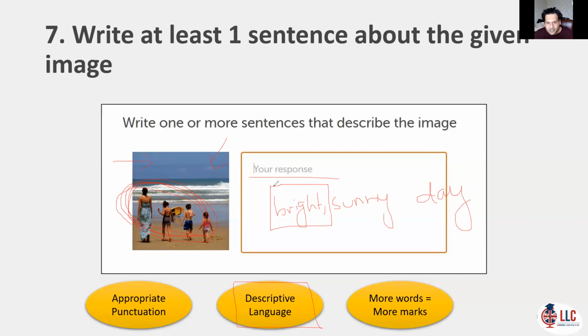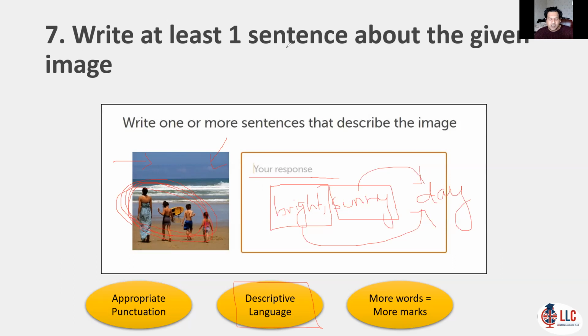Bright is an adjective. Sunny is another adjective, both of which describe the day. It was a bright day, it was a sunny day. So those words draw a picture of the image.